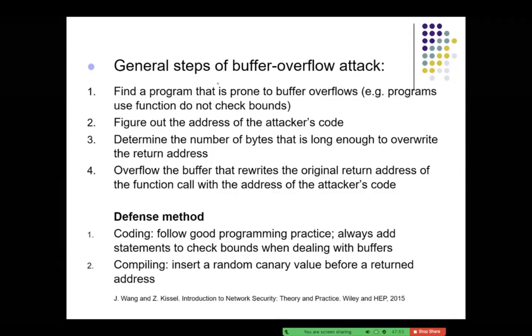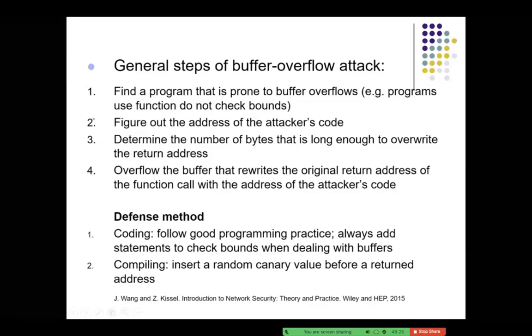Number one, find a program that is prone to buffer overflows, for example, programs that use functions that do not check bounds. As I mentioned earlier, C does not require setting bounds when you declare an array or a string. If they don't check bounds, that means they allow data overflow to happen.